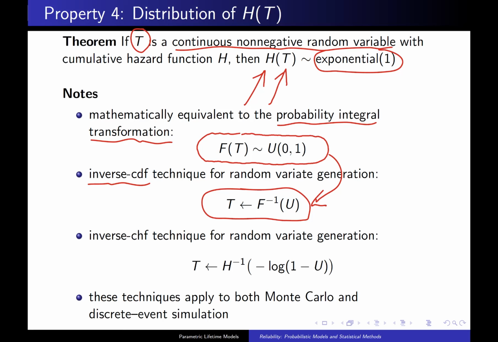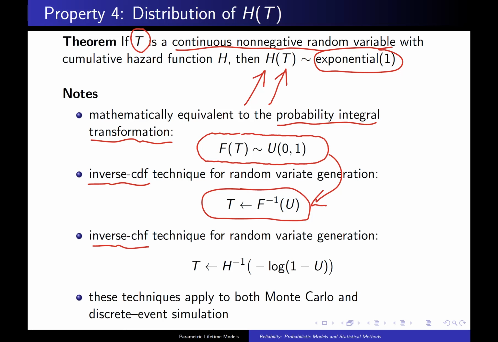Property 4 at the top of the page here leads to an inverse CHF technique for random variate generation. Inverse CHF stands for inverse cumulative hazard function.